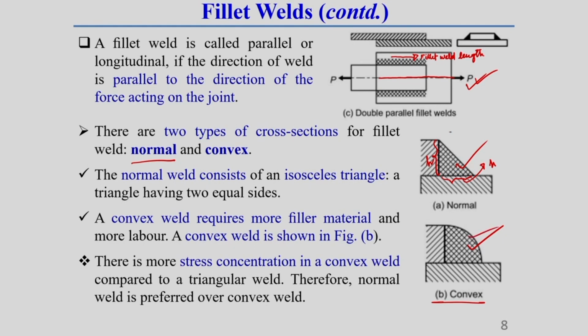A convex fillet weld also has more stress concentration compared to a triangular, or normal, fillet weld. Therefore, the normal fillet weld is more preferable over the convex fillet weld. This also you should keep in mind. Why am I discussing all these things? Because this will be required once we go for analyzing the welding structure.